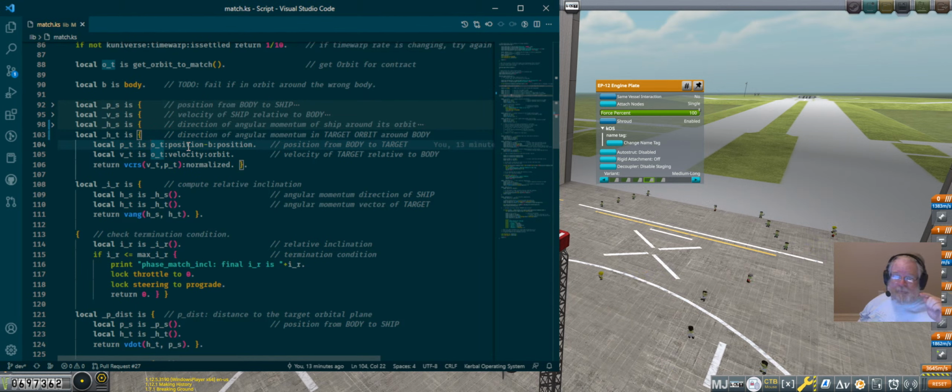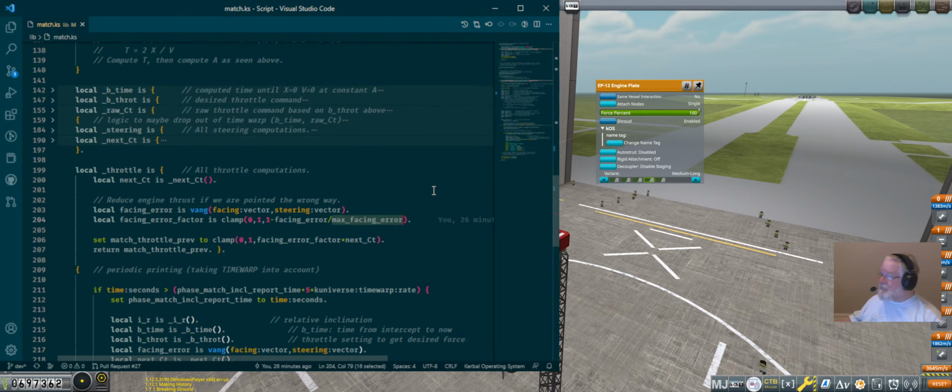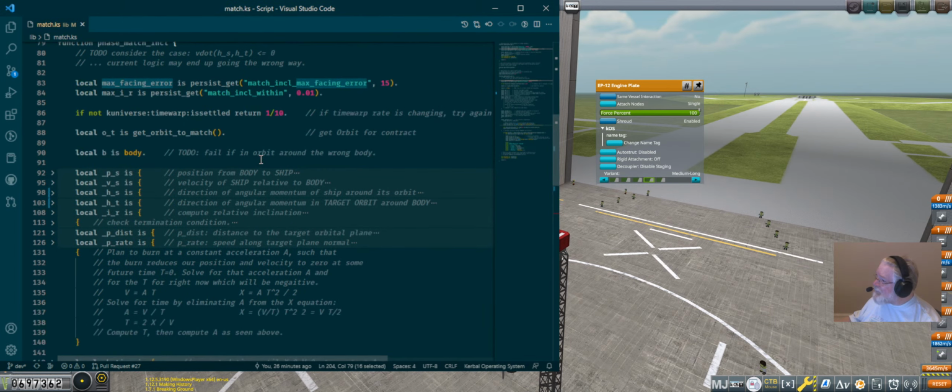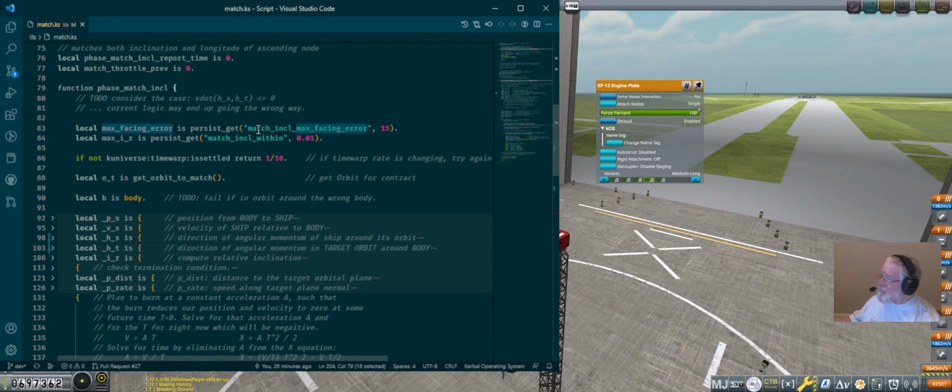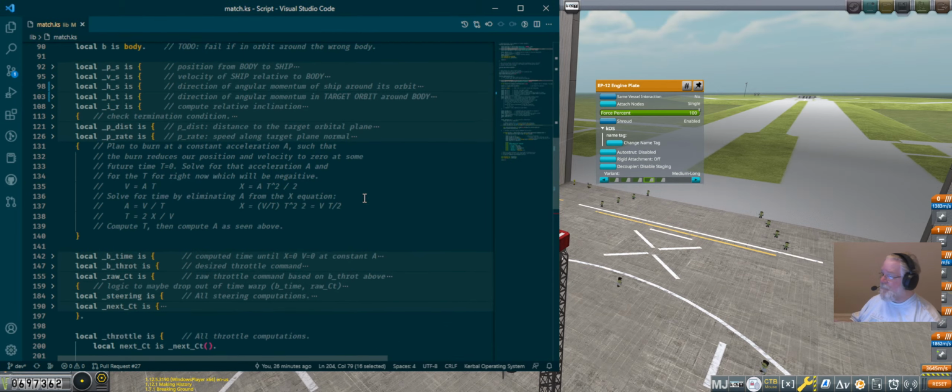Separately from the hysteresis setting, if we're faced wrong, turn down the throttle. And max facing error for this maneuver is, let's see here, what is max facing error? It comes from this configurable thing. If we're 15 degrees off of where we're supposed to be pointed, don't burn.